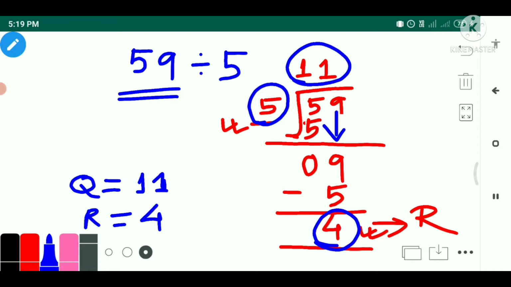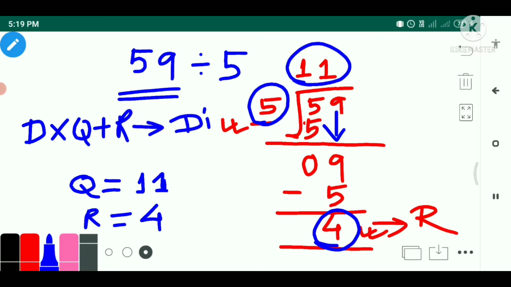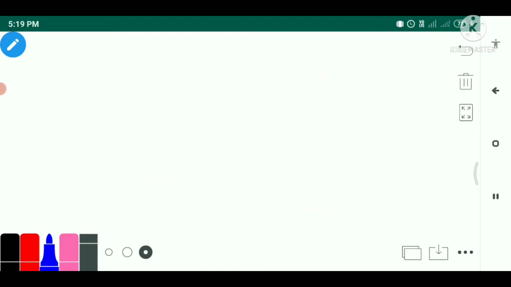What I did was take the divisor, multiply it with the quotient, then add the remainder. If I get the dividend, then my answer is correct. Here I got 59, so my answer is correct. Like this only we'll do some questions that are given in your book.